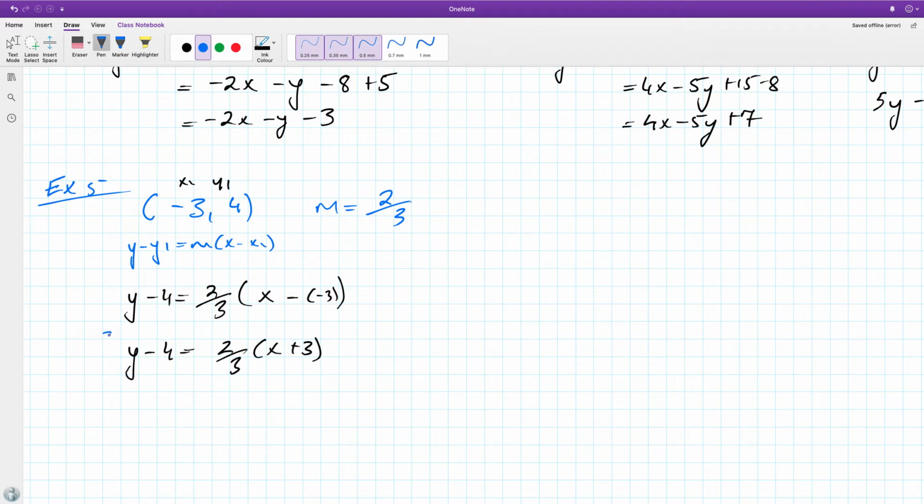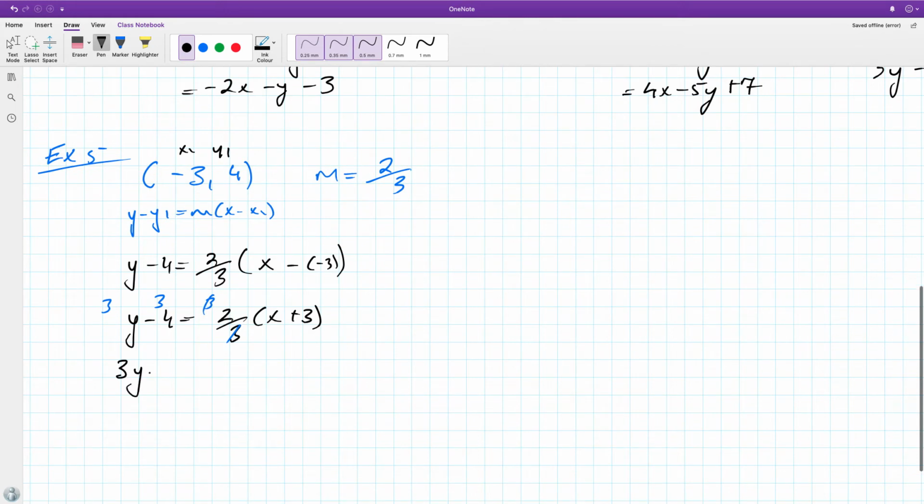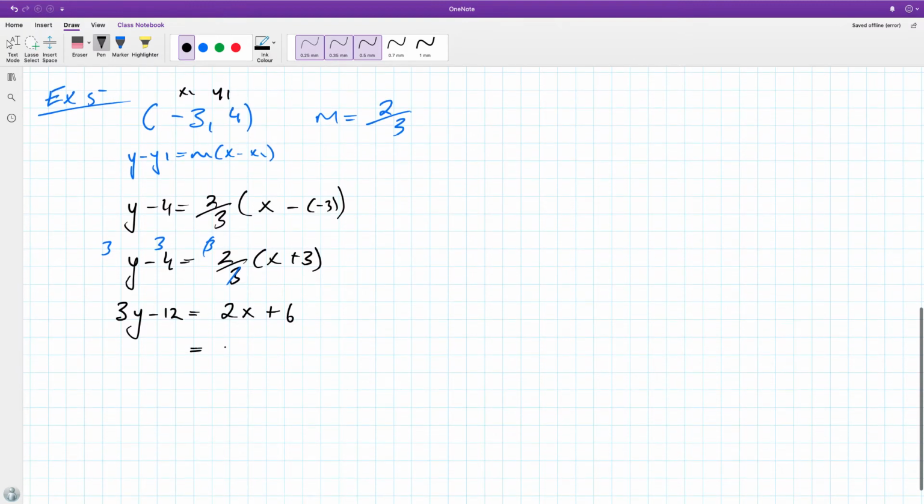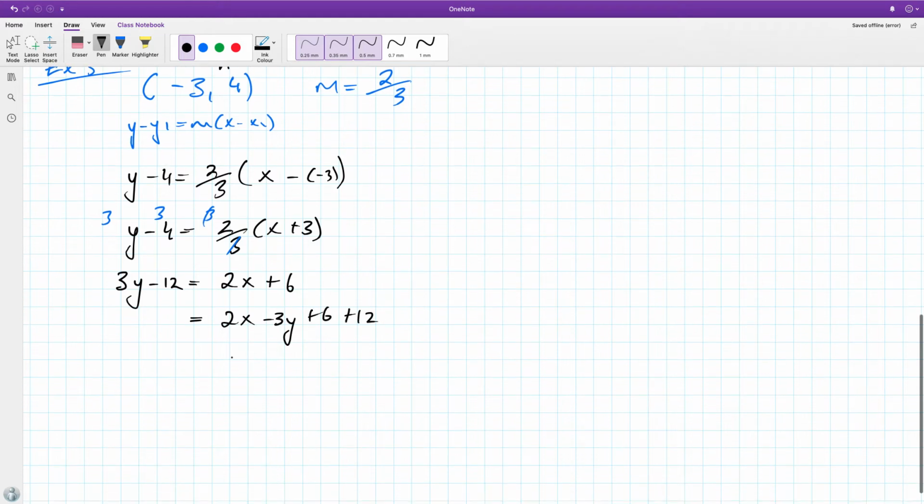Multiply across this by 3, and then our two 3s cancel, isn't it? 3y minus 12 is equal to 2x plus 6, is equal to 2x minus 3y plus 6 plus 12, is equal to 2x minus 3y plus 18. There are one or two small mistakes made there as well. That's all right.